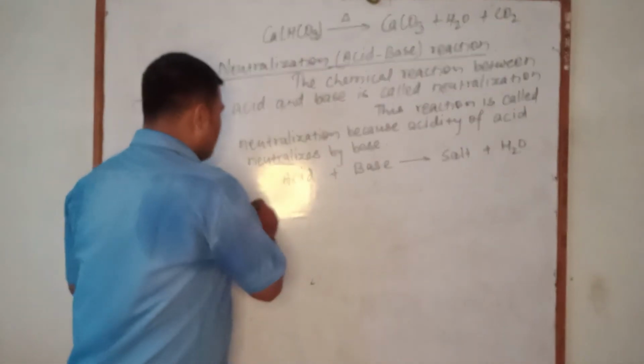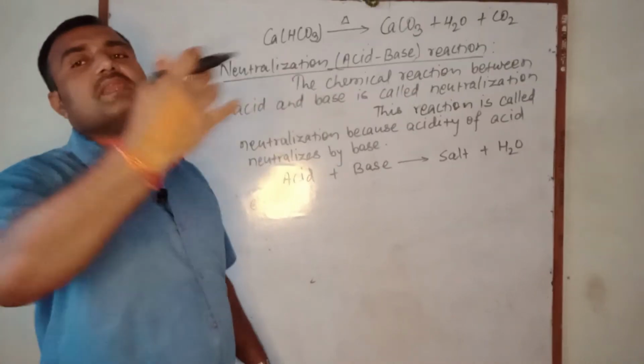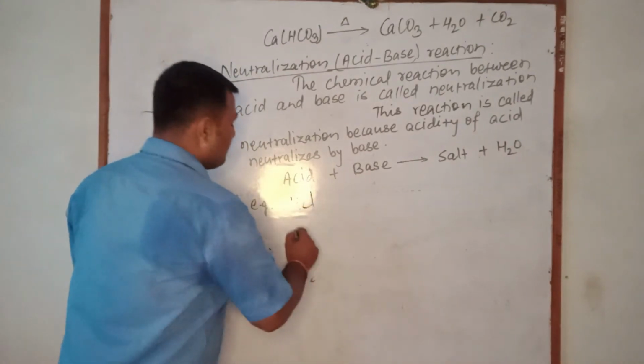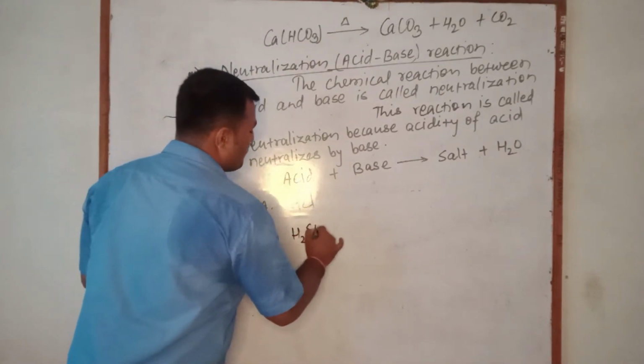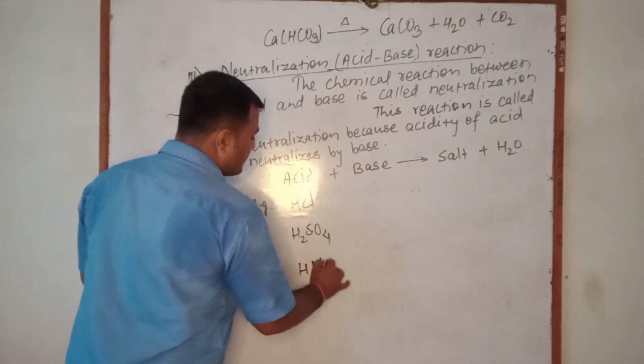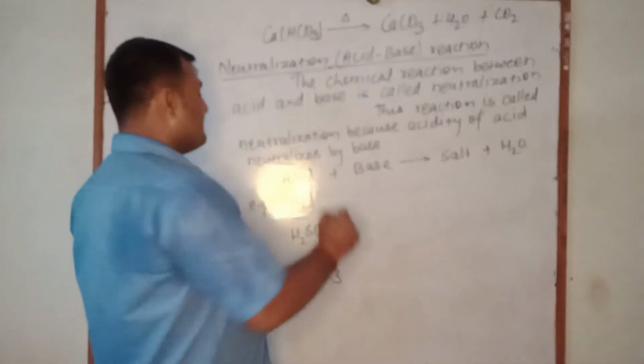And what are examples of acids here? All acids have displaceable hydrogen, like HCl is an acid, H2SO4, sulfuric acid, hydrochloric acid, nitric acid. These are common acids having displaceable hydrogen.